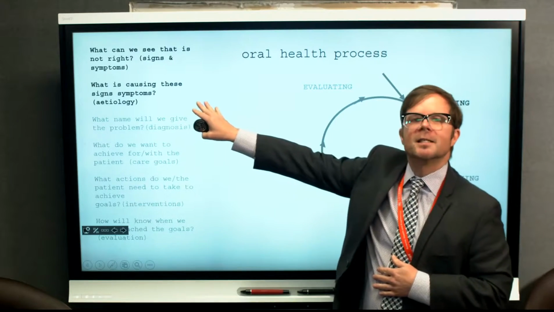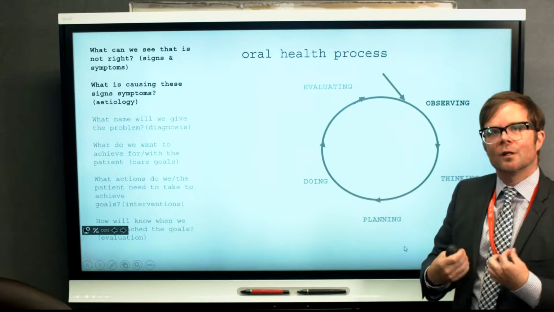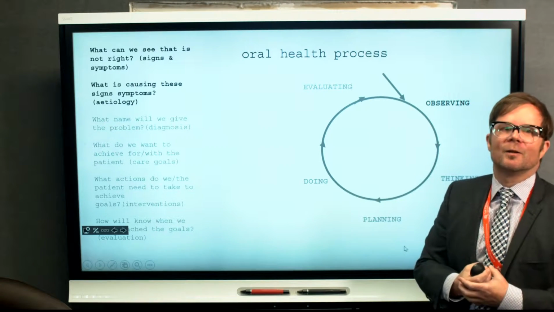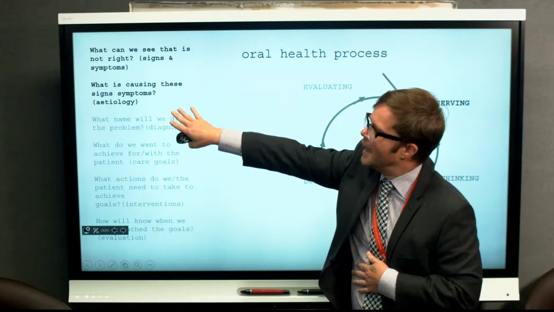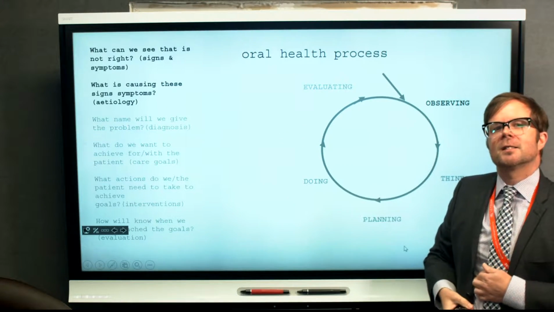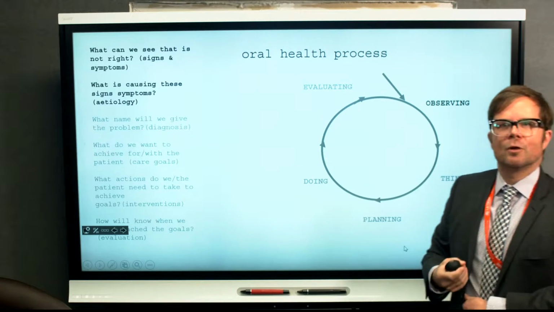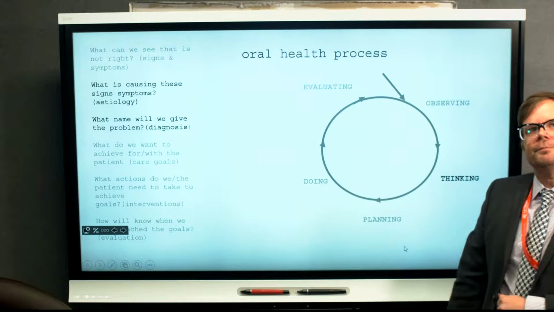This is called the etiology, and etiology is just a posh term for the cause or the likely cause of a particular issue. Okay, so we're looking firstly at the signs and symptoms, and then we're starting to think about and observe things that tell us about what could be causing it. What are the presumptive etiological factors?